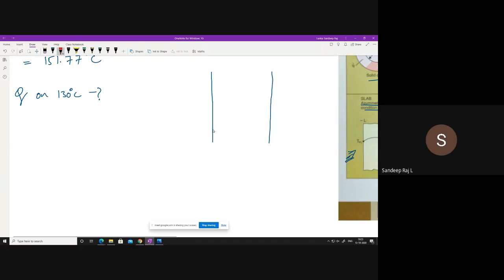The temperature curve here can be like this. On this side it is 130 degrees centigrade. On this side it is 150 degrees centigrade as given in the question. You have just found out what is T max. This is T max being 151 degrees centigrade, and you will also have something called X here.